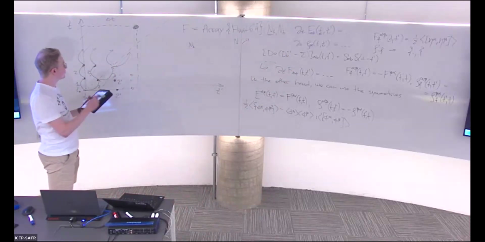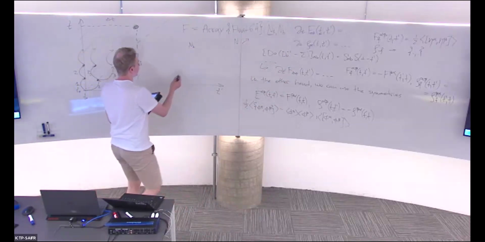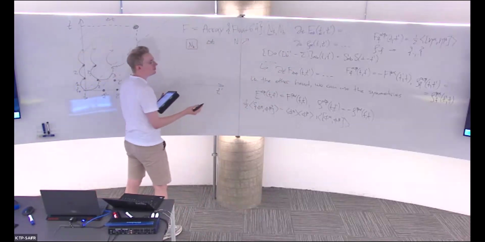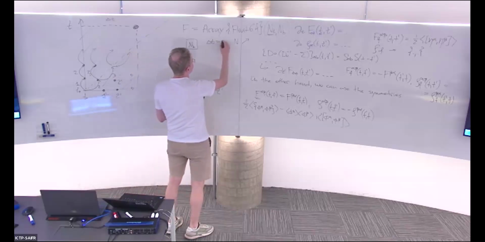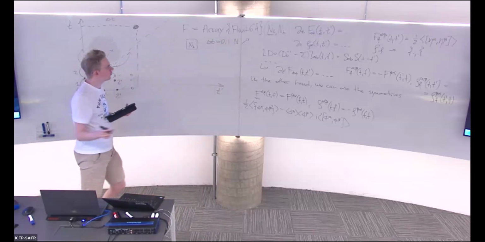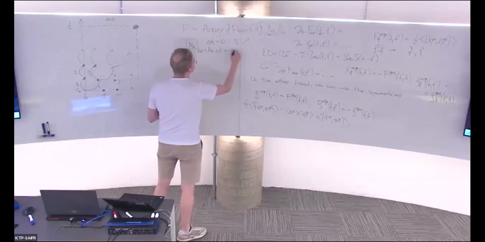So what is the computation cost in terms of NT, the number of time steps that we want to make? Let's say we fix delta t to be 0.1 in some dimensionless units, and we want to reach a final time t times delta t of 100.